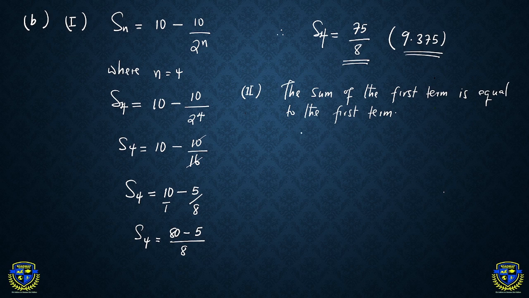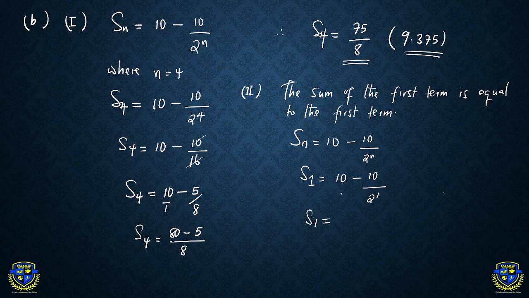So therefore, if we are to use this same formula, where there is n there, we just have to substitute with 1. So we shall say sum of the first term is equal to 10 minus 10 divided by 2 to the power 1.